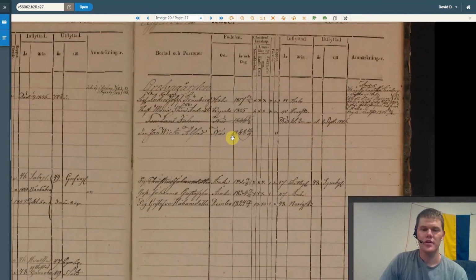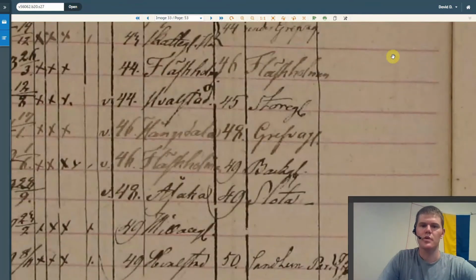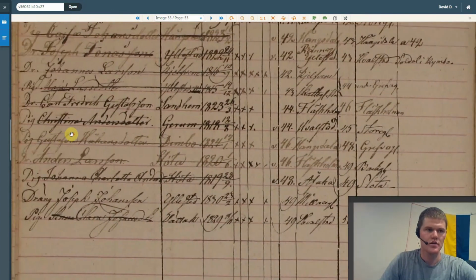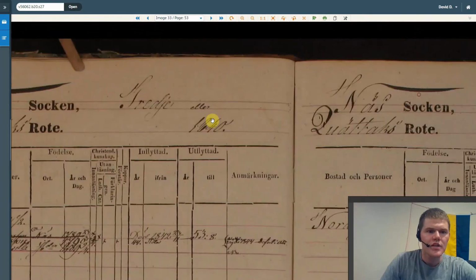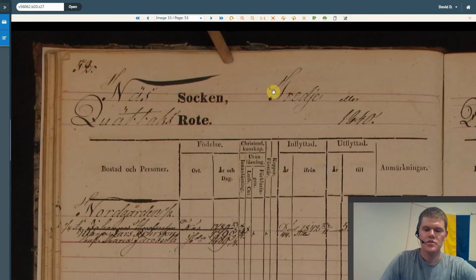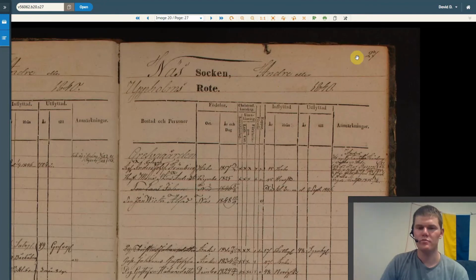Now, if you notice, this right here is page 27 that she is on. If we go to the place where we were before, where she started off at, here she is right here. She is on page 52. Yeah, page 52. And so you may be wondering, how did she move from page 52 to page 27?